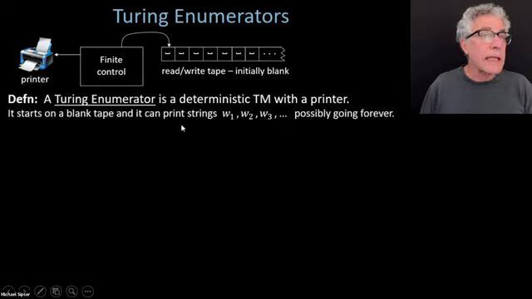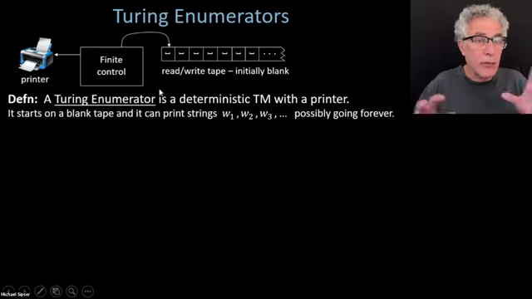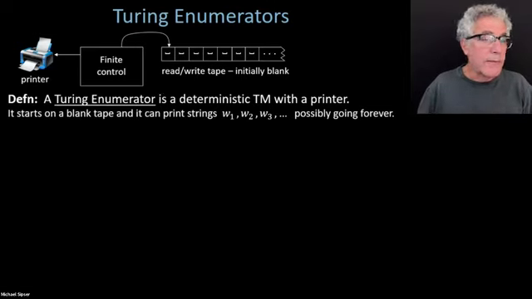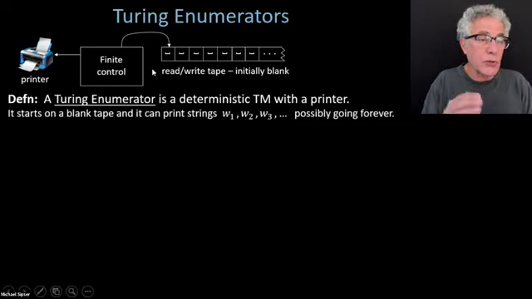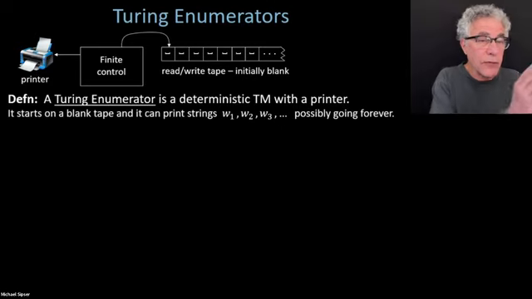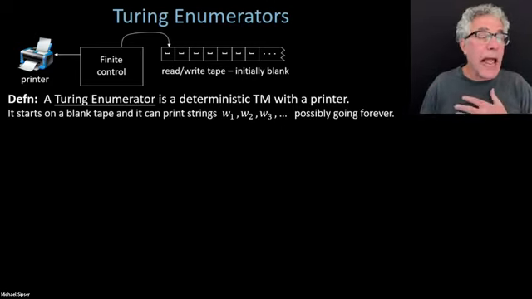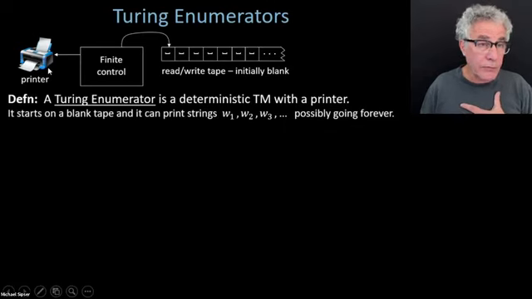You start it off on blank tape, and it runs and runs and runs, and periodically it can print a string under some sort of program control, which I'm not going to spell out for you. But you can imagine you might have to define the machine in such a way that when it goes into a certain print state, then whatever string is in a certain region of the tape, maybe from the start point up to the head location, gets printed out on the printer.